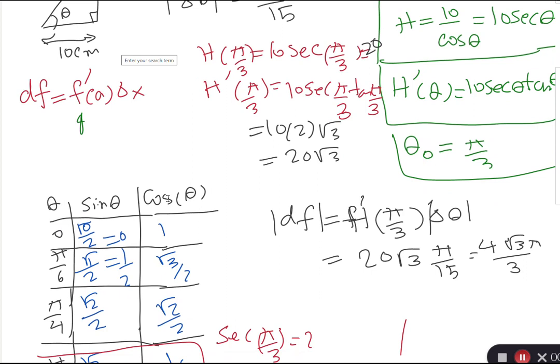Now I want to find the relative error. So how does the relative error work?